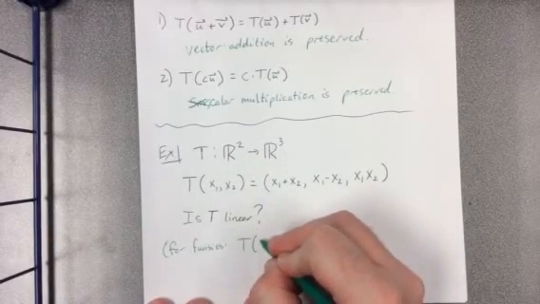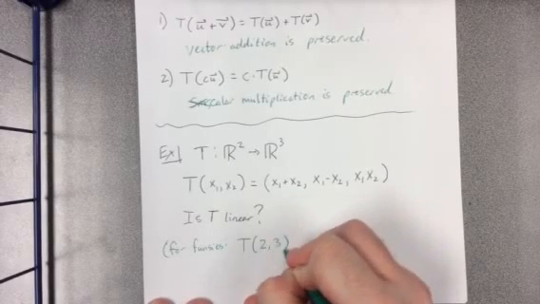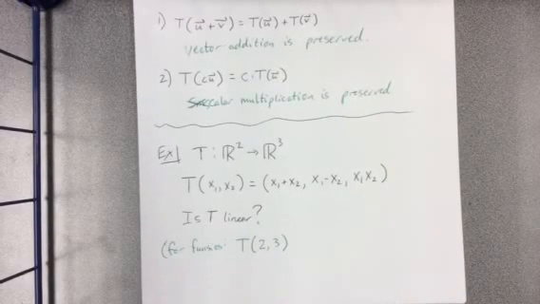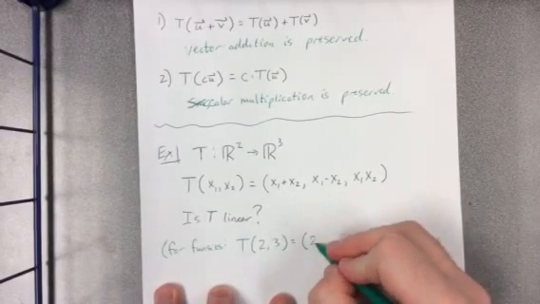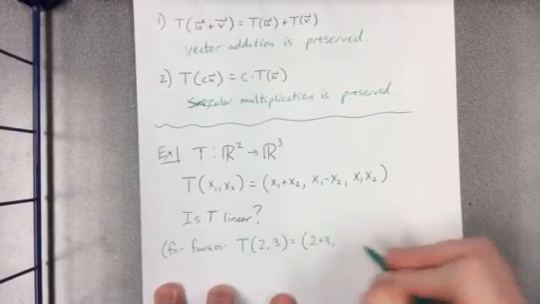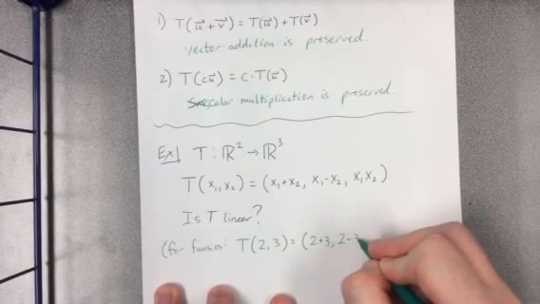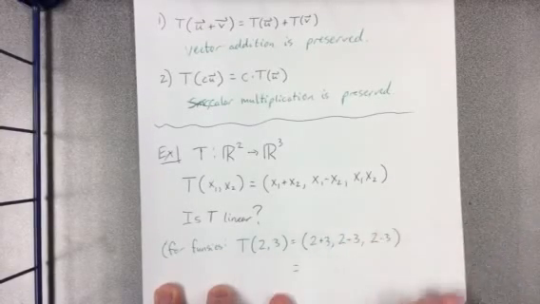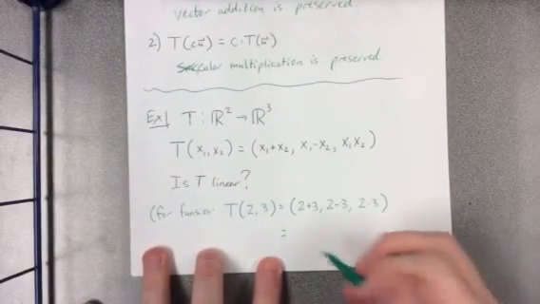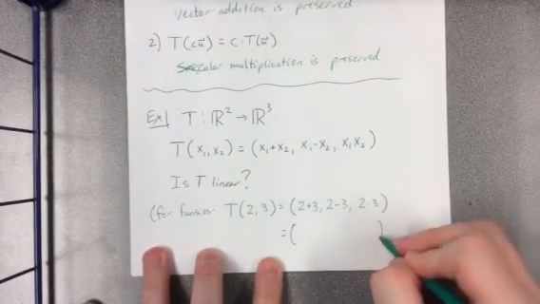So let's take the vector 2, 3 and send it through the transformation. The first component is going to be the sum of the two components. Then we get the difference of the two components, and then the product of the two components. So the question becomes, what is the image of this vector?